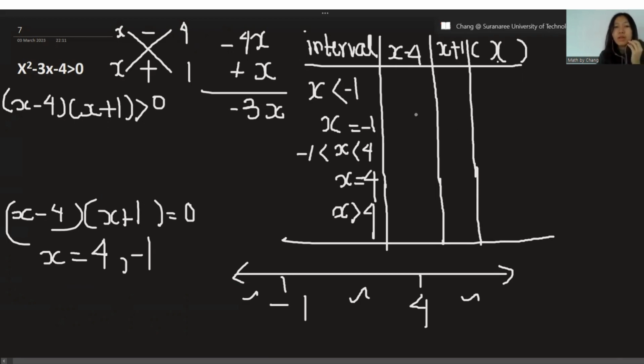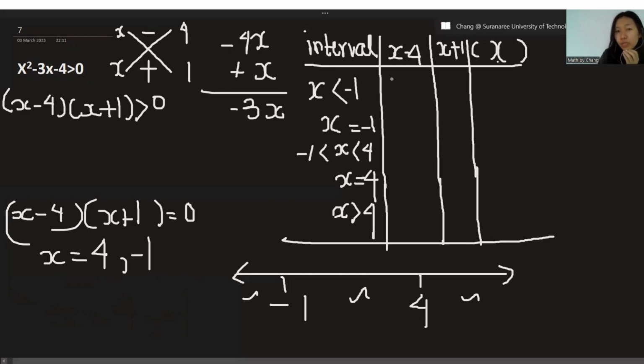All right, let's consider whether, when the value of x is less than minus 1, you will get values greater than 0. According to the inequality, the multiplication of these two brackets must be greater than 0, which means that the values must be positive, right? So let's pick one number less than minus 1. I will choose minus 2.